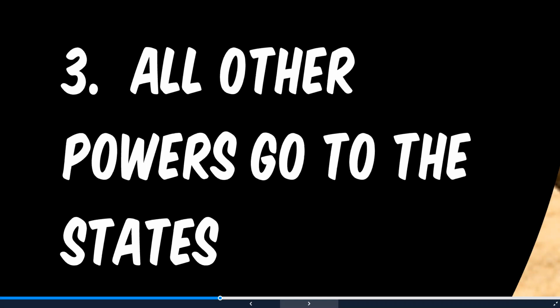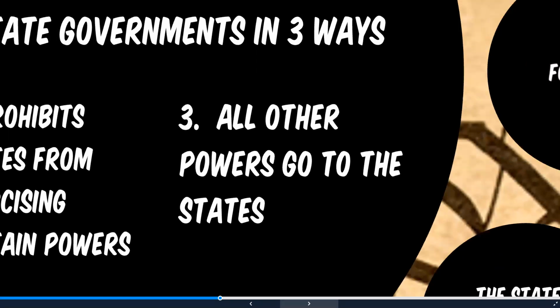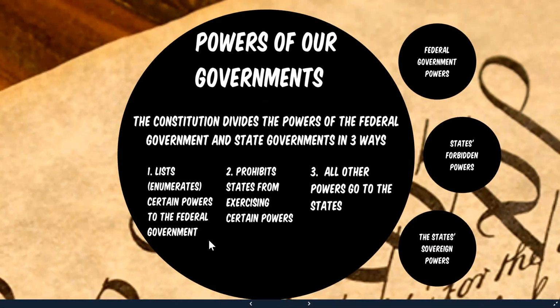And now you can really see the idea behind limiting the powers of the federal government and giving more powers to the states. That was the idea behind this: here you are, federal government, these are your powers. States, this is what you can't do. Whatever is not listed in these first two, the states can do. So everything else goes to the states.